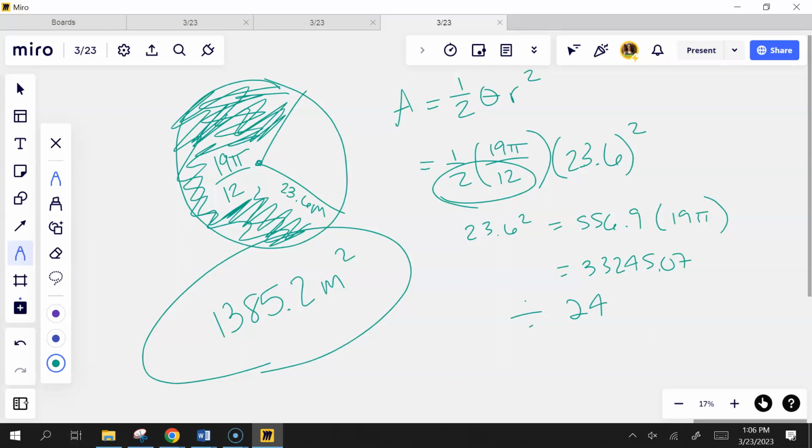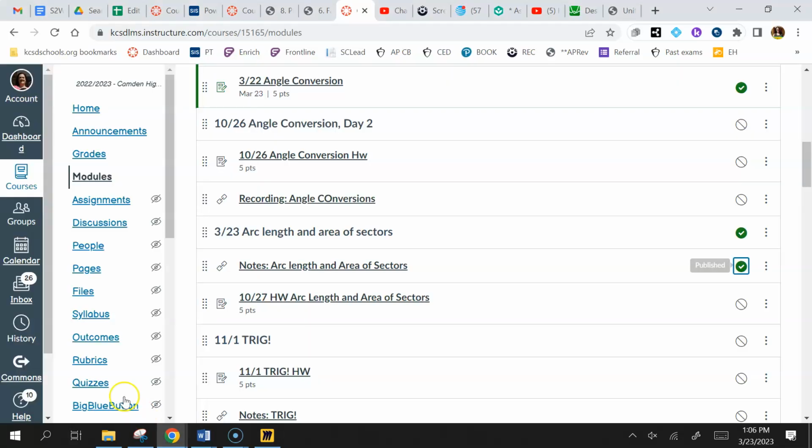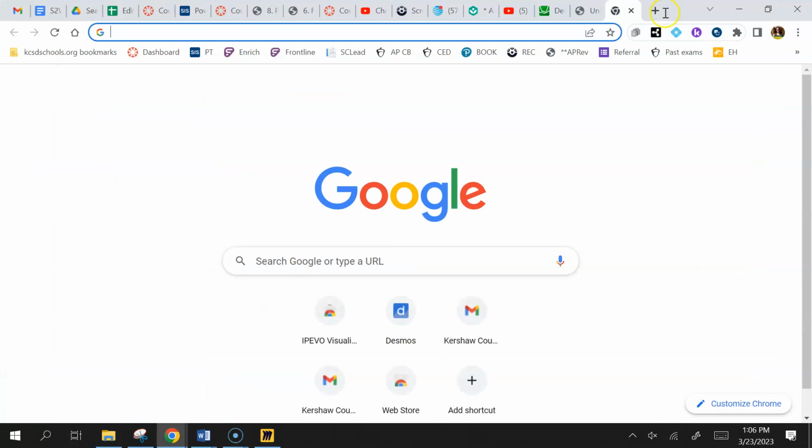You can put it together though, it doesn't matter. You can literally hit 19 and then the pi button. Because it's r squared. You can put this in all at the same time if you want. Let me show you.